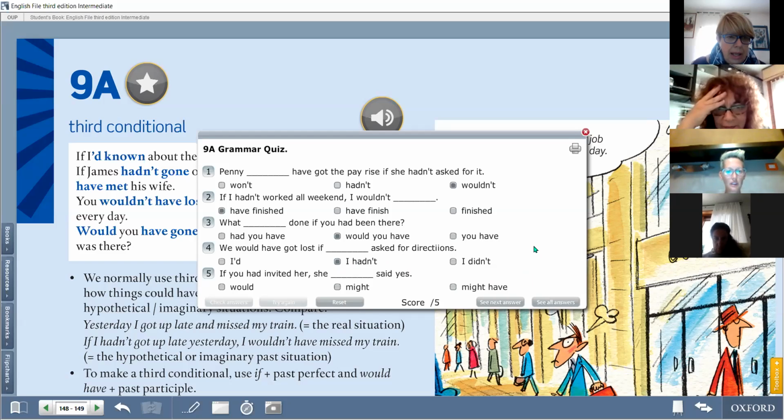Directions, yes. Mila? If you had invited her, she might say yes. Might, just might. No, manca have. The third. So this one. If you had invited her, she might have said yes.